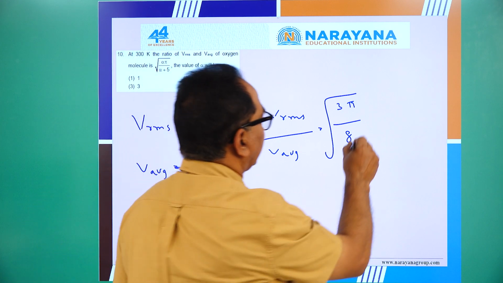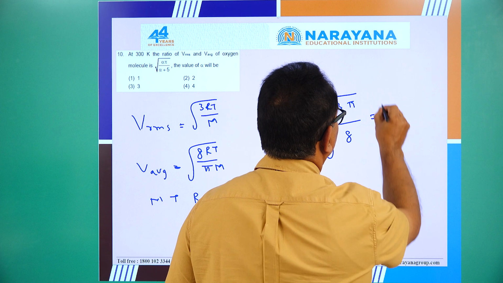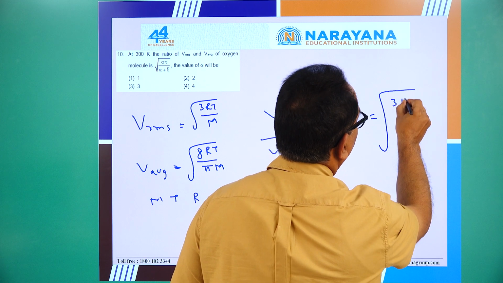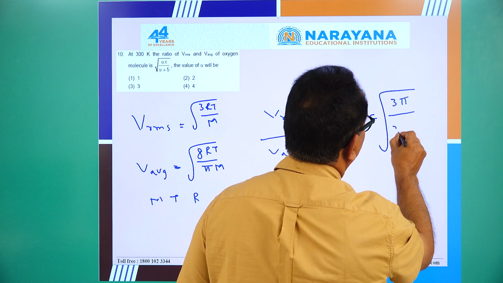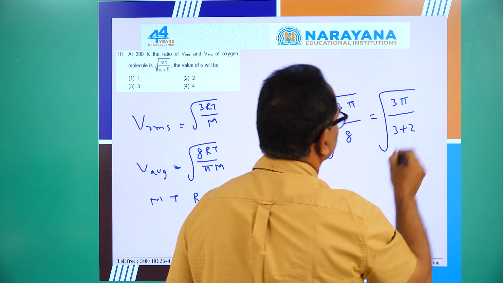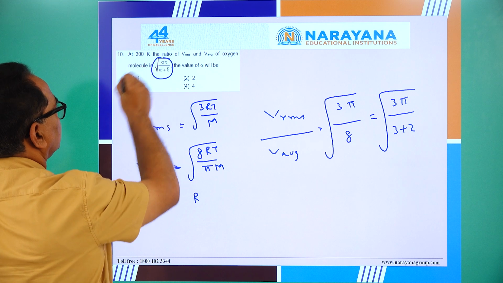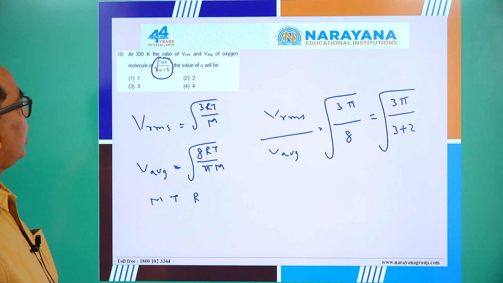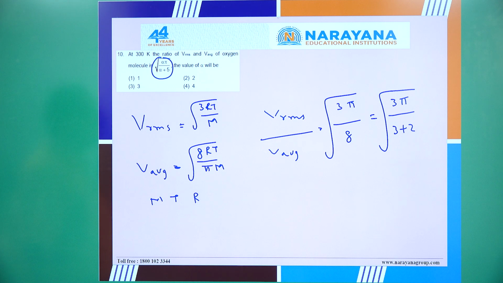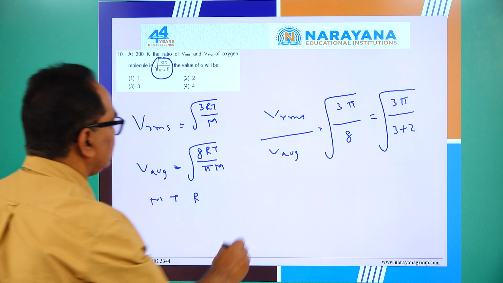You can write this as 3 pi by 3 plus 5. So here the ratio given is square root of alpha pi by alpha plus 5. Then the alpha value will be 3.